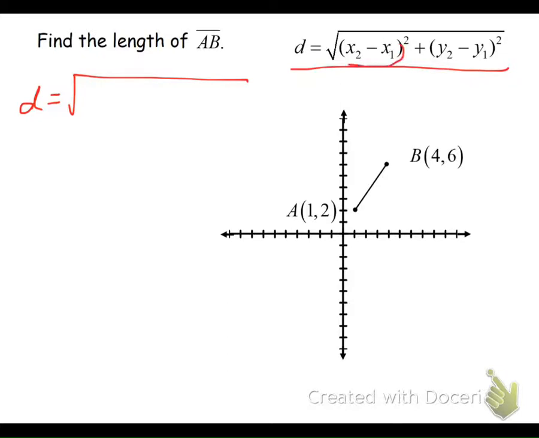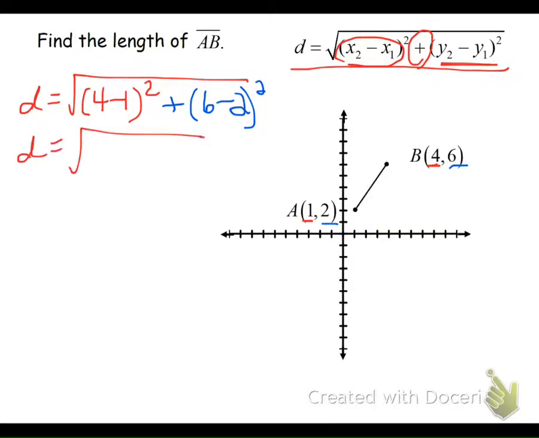This says subtract your two x's, so that would be 4 minus 1, and square it, plus subtract your two y's, 6 minus 2, and square it. I know this is sloppy, it's because I'm using the worst pen in the world for this.